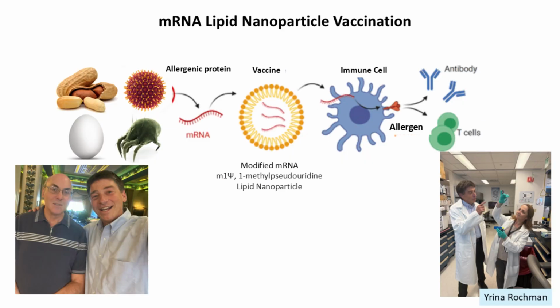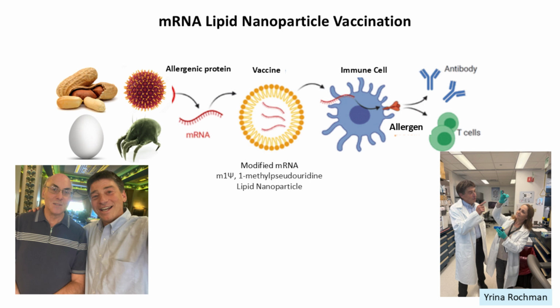I want to close by saying that besides developing anti-inflammatory drugs, I'm now heavily engaged in trying to think about the future for the field. And one of the areas that we're very focused on is to develop mRNA lipid nanoparticle immunotherapeutics. This work started during the COVID pandemic when my colleague and friend Drew Weissman developed the technology for mRNA vaccination, and subsequently won the Nobel Prize.